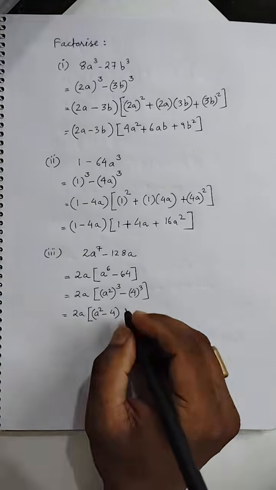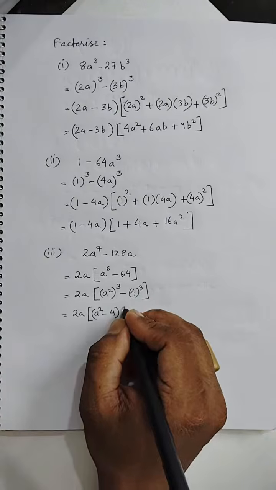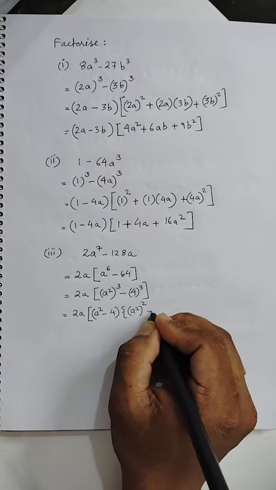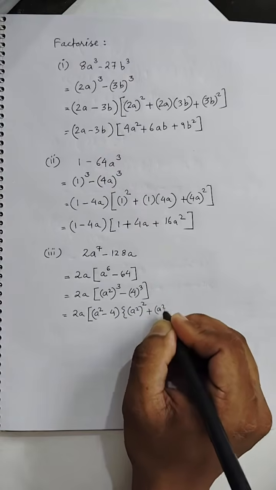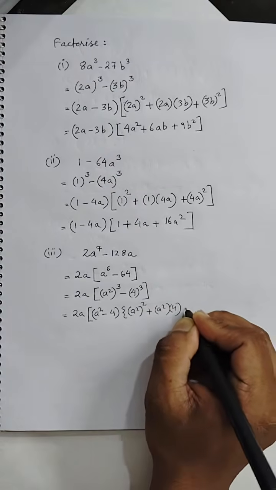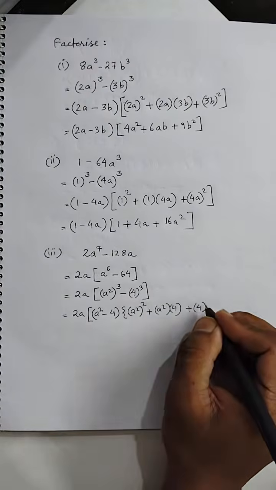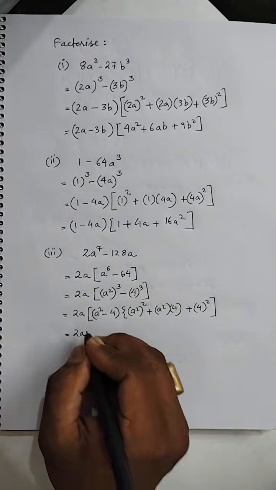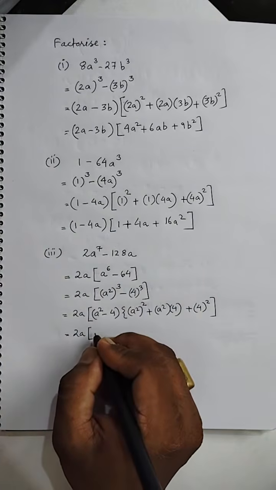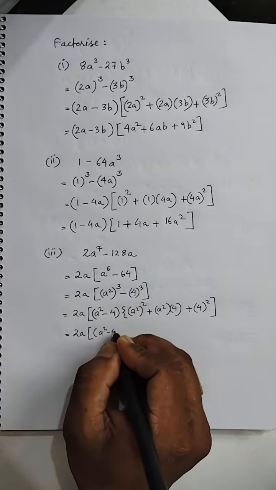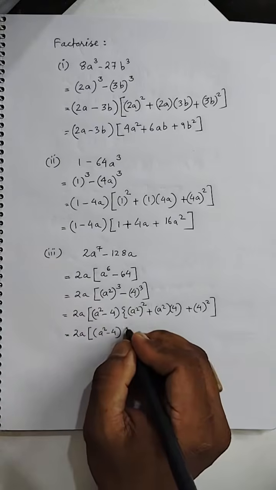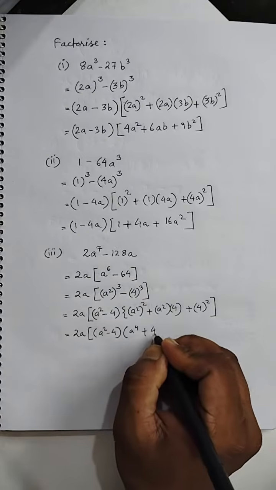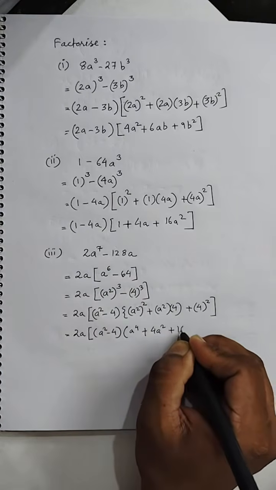Okay, and then we have a square whole square plus a square into 4 plus 4 whole square. So 2a, a square minus 4, and we have a to the power 4 plus 4a square plus 16.